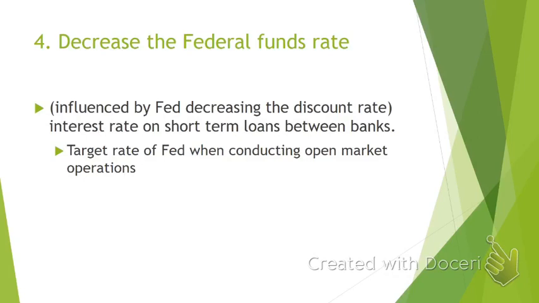To decrease interest rates, they would sell bonds, no, they would buy bonds. Okay, they want to buy bonds. That's going to decrease the interest rate. They would buy bonds. All right, any questions? Okay.